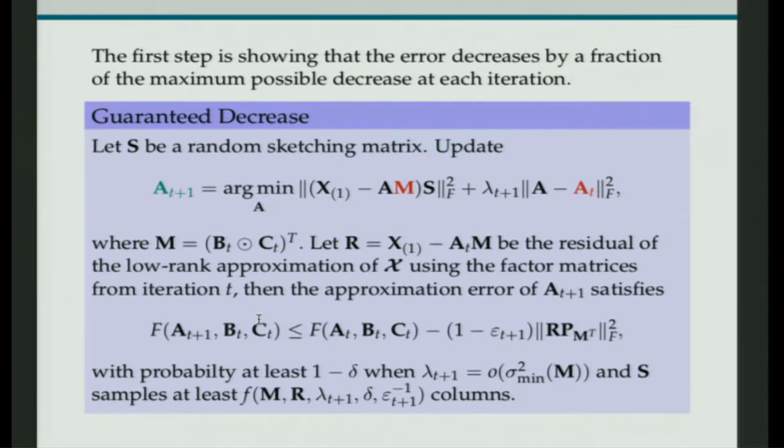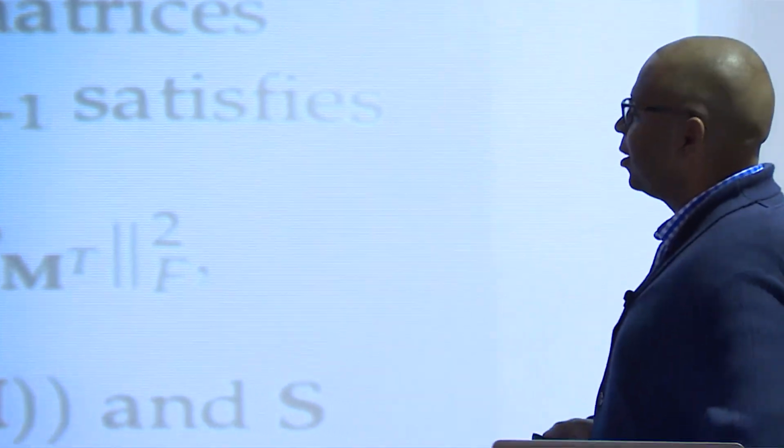Also, we assume that this regularization is smaller than the minimum singular value of M, just for technical reasons. Practically, it works well, even if it's larger than that. That's a stringent assumption, right? Yes, yes. So that's for the proof. Yeah. In general, you would want to, obviously. But it just reflects what's going on in these least squares problems, so from that point of view, it's good. Mm-hmm.